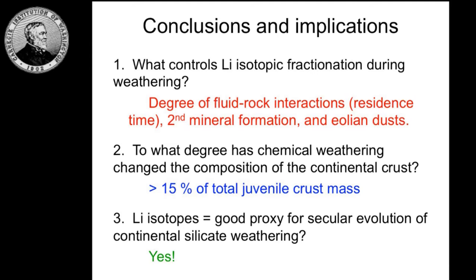With our current analytical precision, we cannot distinguish that. So if a high temperature fluid comes through, most likely the fluid is just taking out the lithium, and the residual rock still has the same isotopic signature as the parent. So it doesn't change. But it does deplete a lot of lithium, because lithium is a very mobile element. So it definitely has a great effect on lithium concentration.